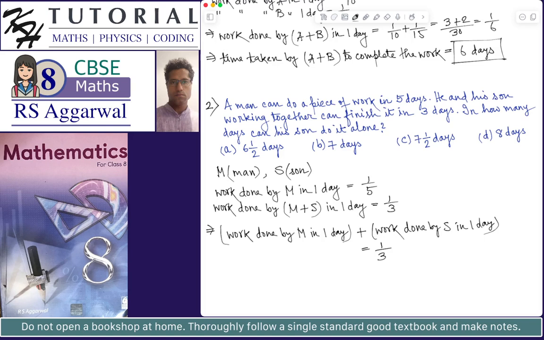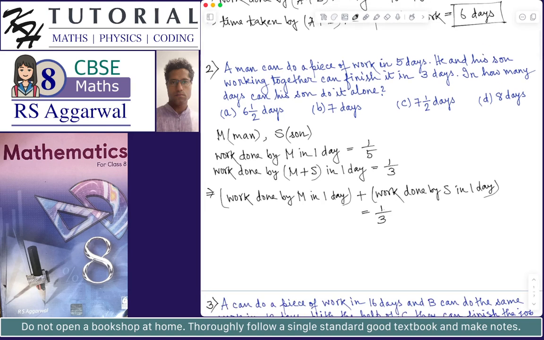Now we know that work done by M in one day is 1 by 5. So we have 1 by 5 plus work done by son in one day is equal to 1 by 3.